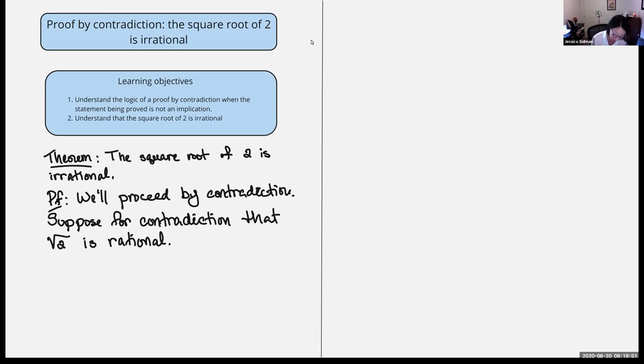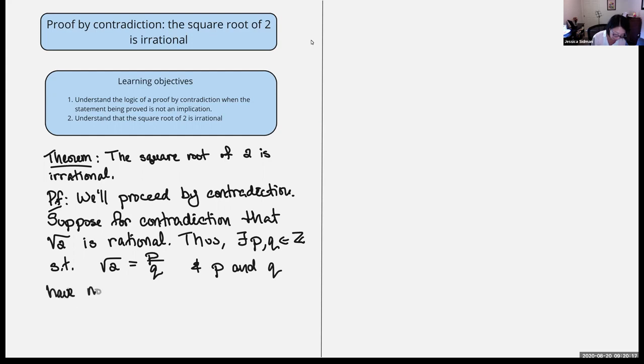So we can say, thus, there exist integers p and q such that the square root of 2 is equal to p over q, and p and q have no common factors.